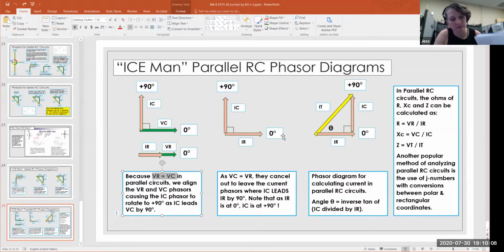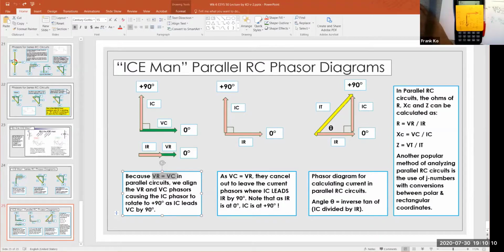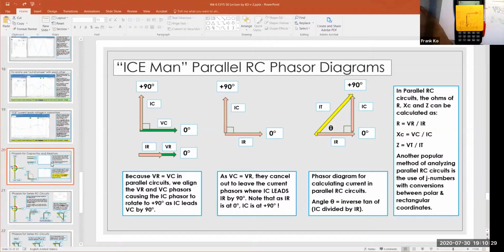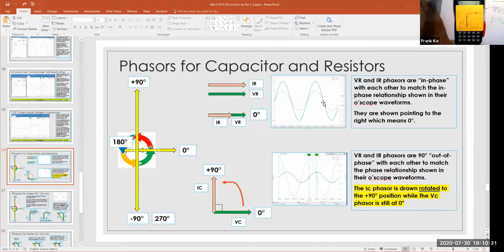Thank you. So if nothing else happens, copy this PowerPoint that I have and take it with you, and you will never have any problems with reconciling positive phase angle, negative phase angle. As long as you remember your fundamentals, and the fundamentals go back to this slide right here: in phase, out of phase by 90 degrees.